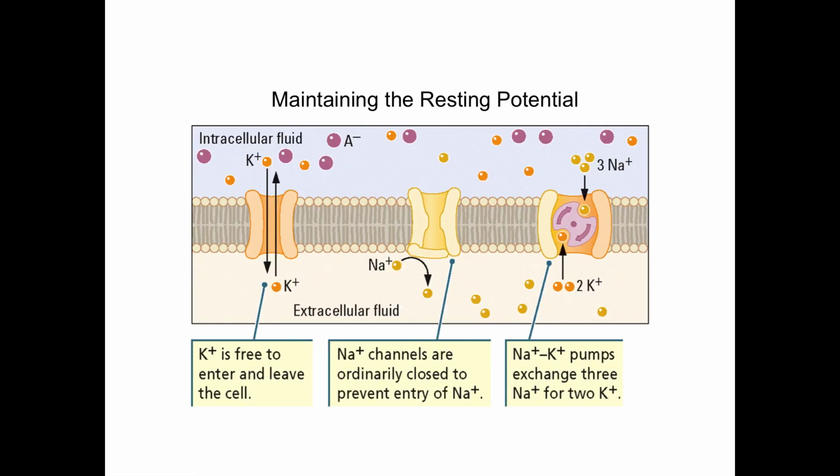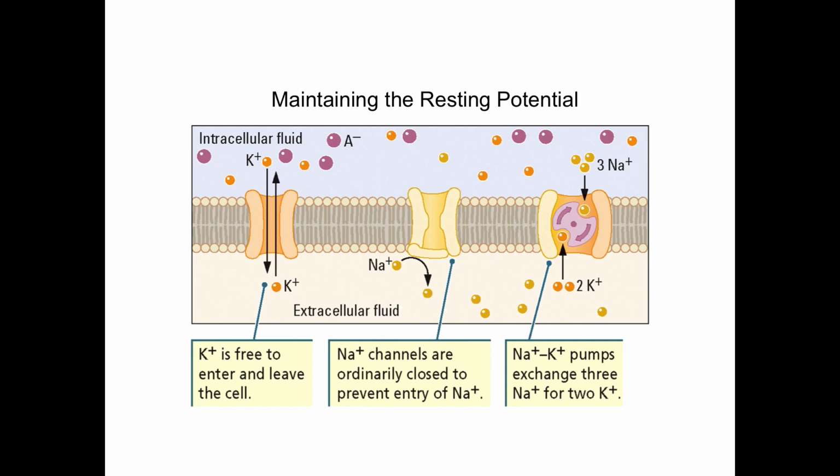Okay, so channels, gates, and pumps, all three are very important for maintaining this resting potential. So protein anions remain inside of the cell as there's no channel large enough to transfer these. Potassium is technically free to enter and leave the cell whenever it wants because these are very small, so it doesn't really matter how much goes in or out.